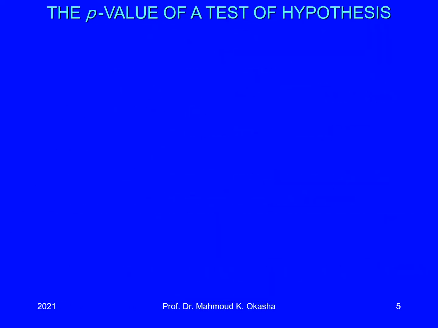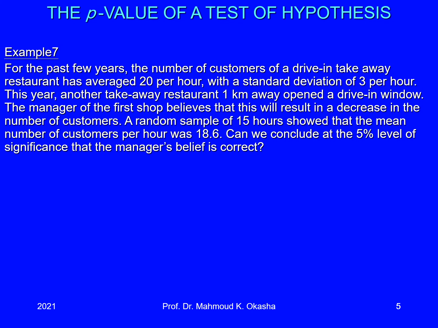Now we will talk about the concept of the p-value for this statistic and other statistics. There is something in statistics called the p-value, which we want to explain by example.